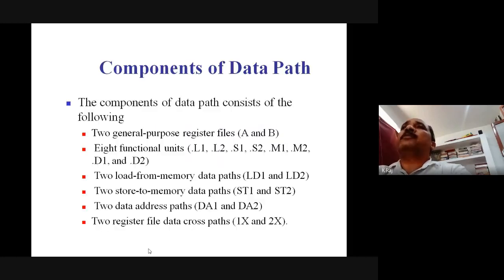Now, the CPU data paths, as we have described in the block diagram: there are the two data paths.